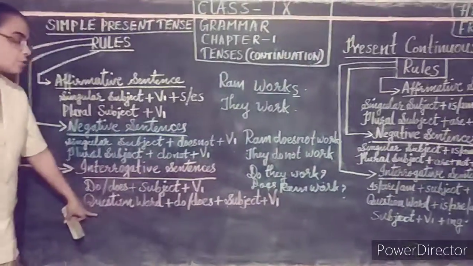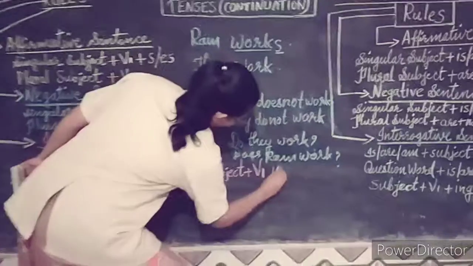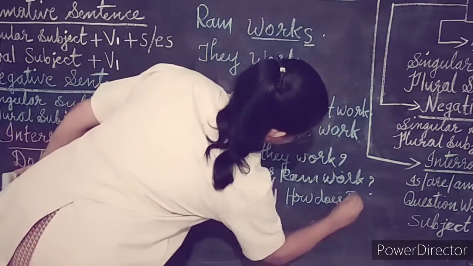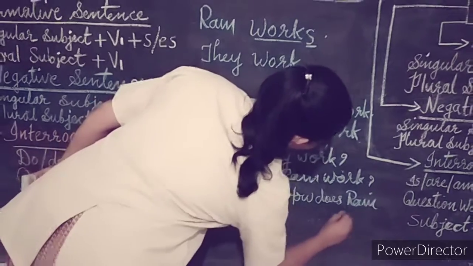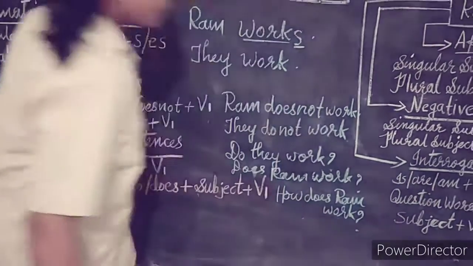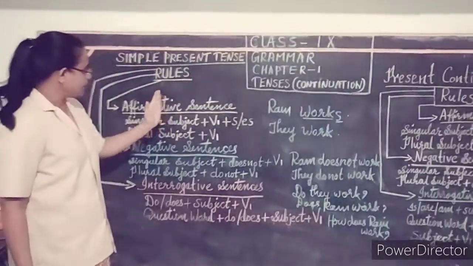And when we use the question word, How does Ram work? So this is the way we use simple present tense in these categories.